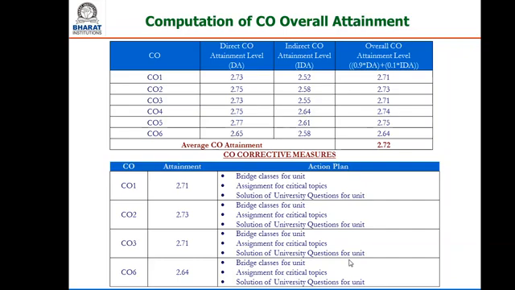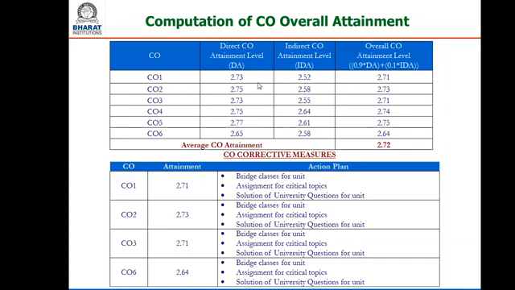Then how to calculate the overall CO attainment. Earlier we already defined the formula for calculation of overall CO attainment level, that is 90 percentage from the direct attainment value plus 10 percentage from indirect attainment value. Now in this table, first you can list all the COs' direct attainment values and indirect attainment values.